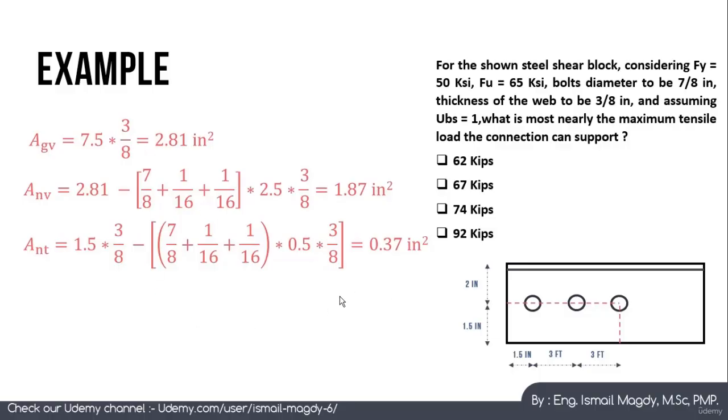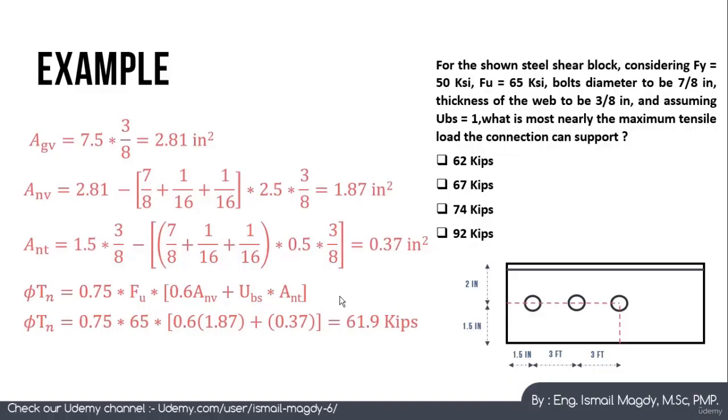So now we have all of the areas. We will just substitute in the first equation, which is phi Tn. We'll use phi as 0.75 because this is for shear, multiplied by Fu, multiplied by this term here. We have all of the data now: the net area for shear, the net area for tension, and the gross area for shear.